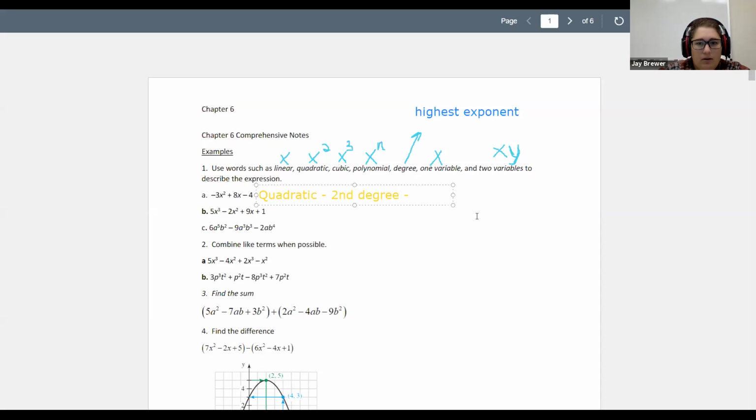And then the last part we want to look at or talk about is the variables. Is this in one variable or is this a 2-variable function? One variable. Okay. So this can actually be graphed.